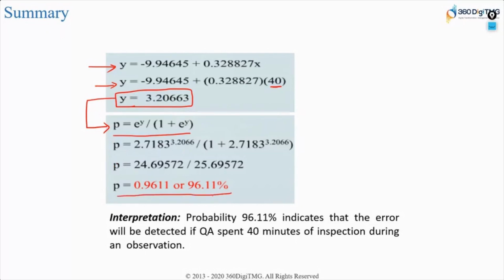When you solve that, you get 96.11%. What does that mean? That means there is a 96% probability that you will detect an error if you spend 40 minutes inspecting the circuit board.